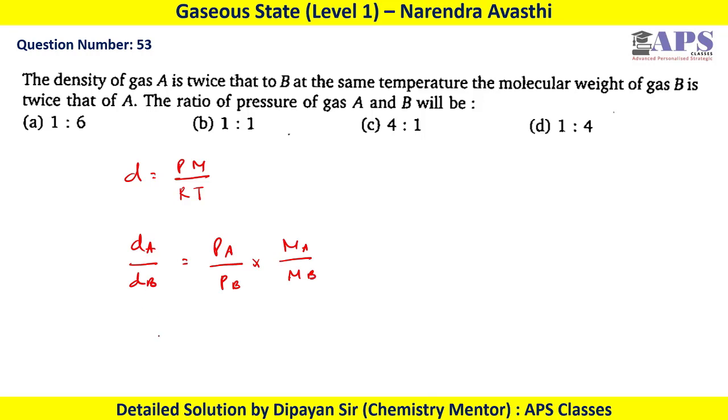Now according to the problem, dA by dB is 2, PA by PB we have to calculate, and MA by MB is half. So from this we can calculate PA by PB, which is 4 by 1 or 4:1. So the ratio of the pressure of gas A and gas B will be 4:1, and option C will be the correct option.